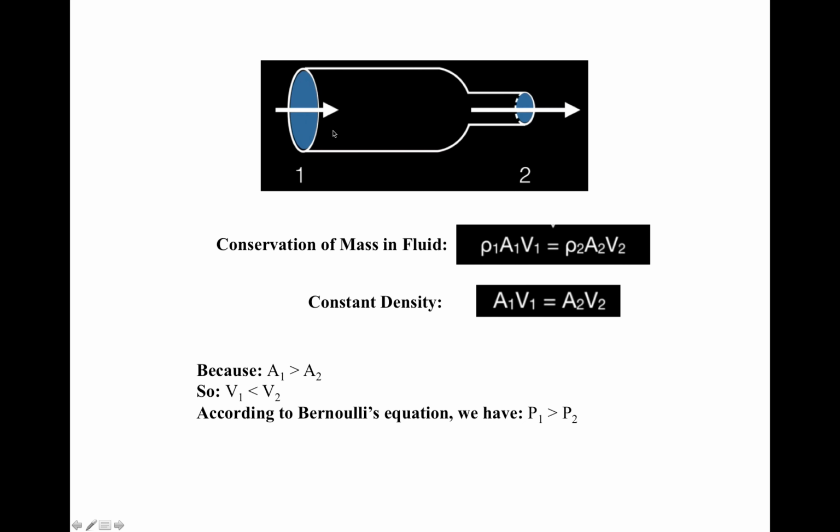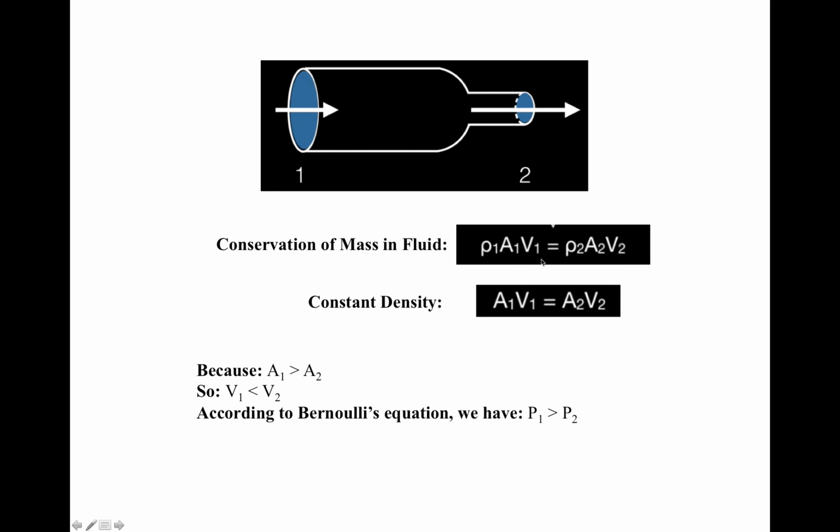If we consider a unit time interval, just 1, then the distance the fluid has flown is equal to the speed of the flow, called V1, times the unit time. So the volume is the cross-sectional area A1 times V1 times 1.